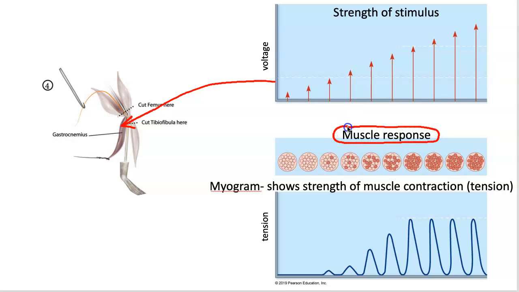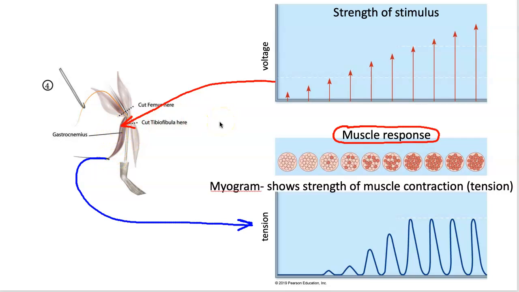And then in the third graph, they're showing us the response of the muscle. Remember, we said we would hook this muscle up to a device that would show us how much tension is developed, and that's what they're showing us in this third graph. They're showing us that when we give a stimulus, what is the strength of the contraction that was generated. Okay, so let's take a look at how this experiment works.